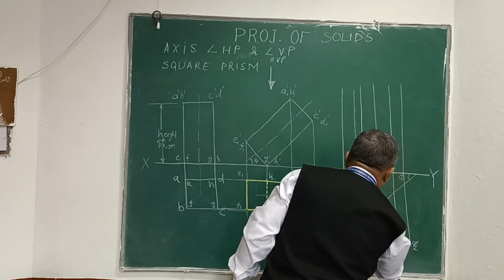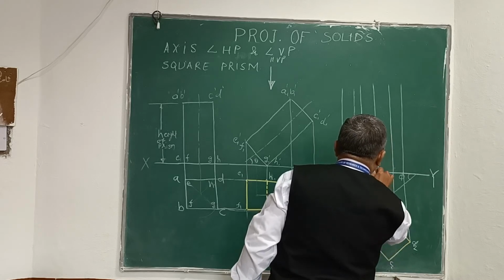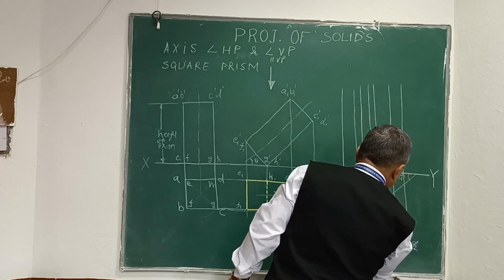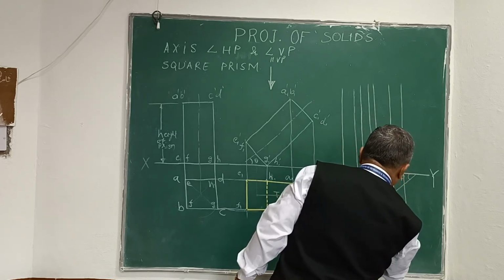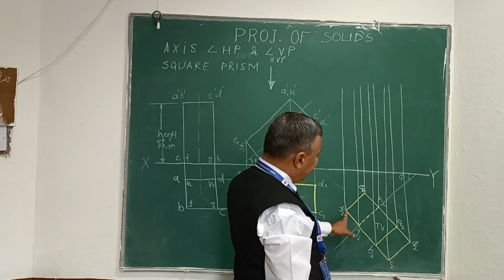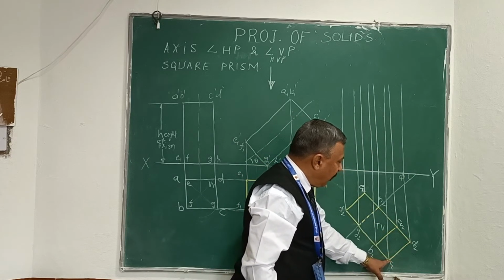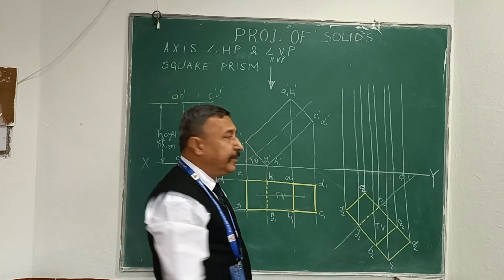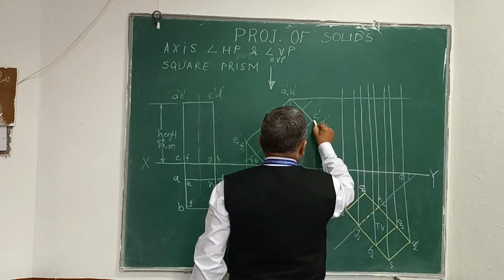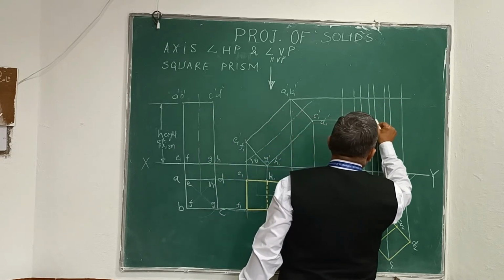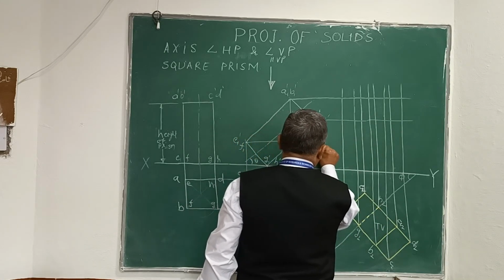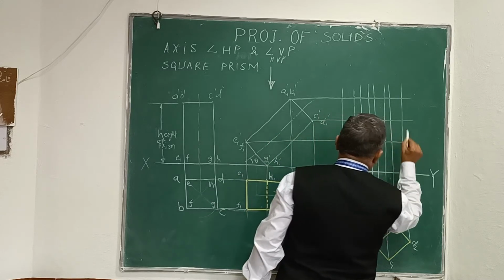If any point is left out, it will make your view incorrect. This last point. Now see here, from all corners we have to draw projectors. Now the locus from the previous view. This is the locus from the previous view.